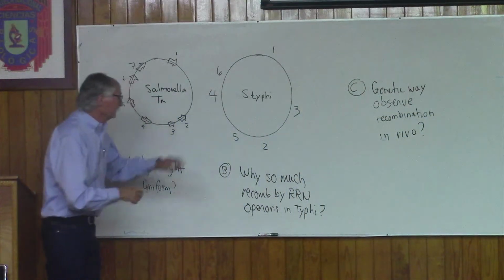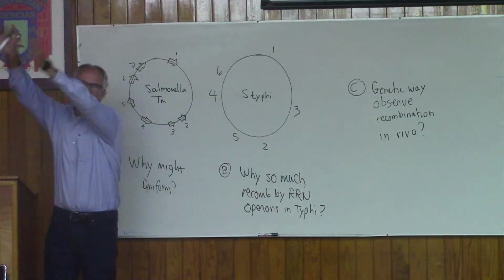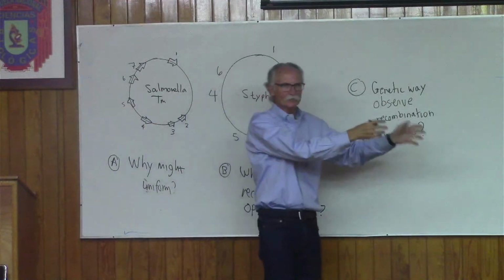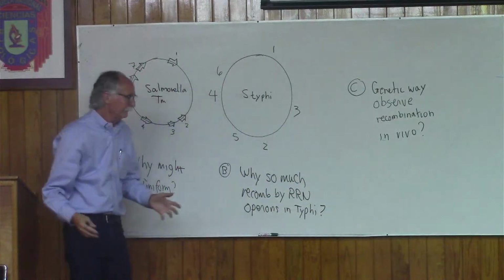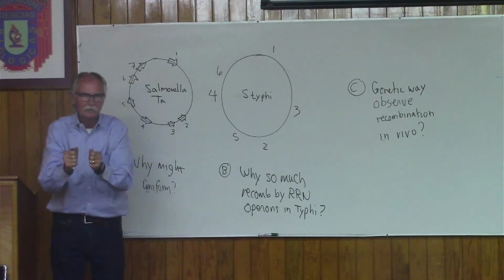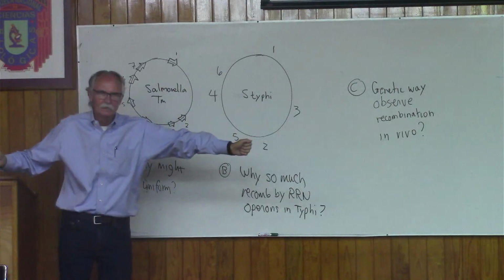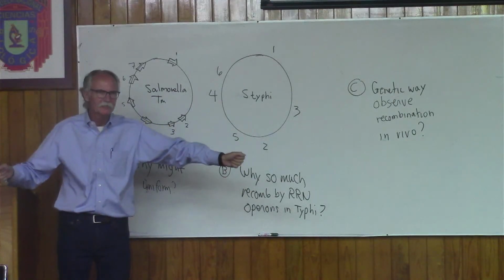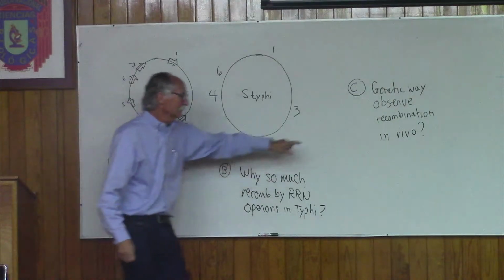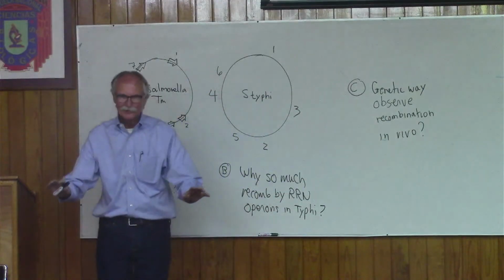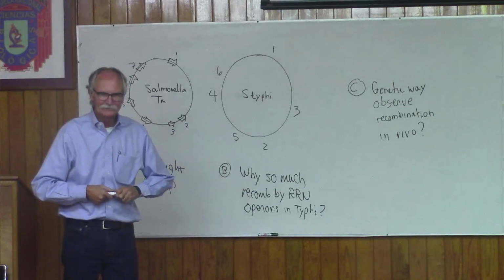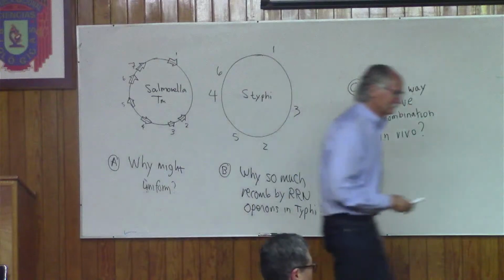I told you that we see this happening a lot, but that's because we get a sample from one outbreak and we look at it, and then over here we get a sample from another one and we look at it. Now it's all typhi, but if we're just looking at the snapshot of one particular point in time, we want to see the movie of what's really happening, so we can understand how it happens, right? So think about this. I'm not going to grade you on the answer, but I want to see a discussion about this. Okay? All right, thank you, Stan.